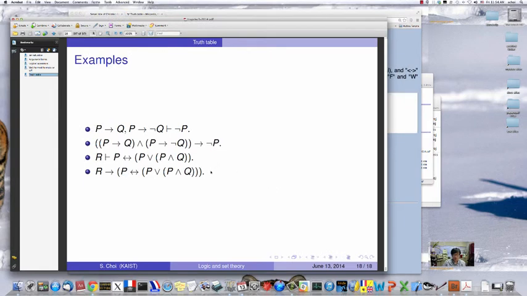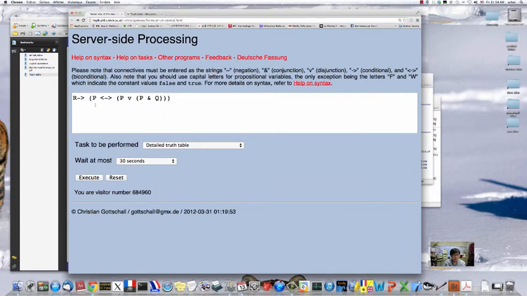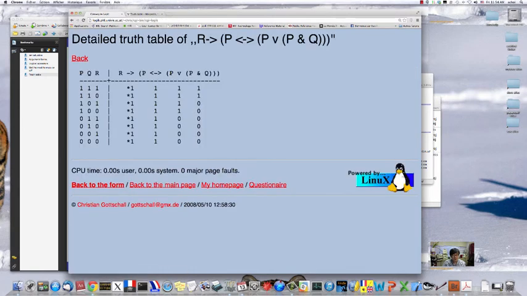So okay, let's look at the last one. R imply P if and only if P or P and Q. Okay, so let's go here. So we have already written this down here, and so let's execute. So you can see that this is always true, and the reason it is true is because this side is actually always a tautology.